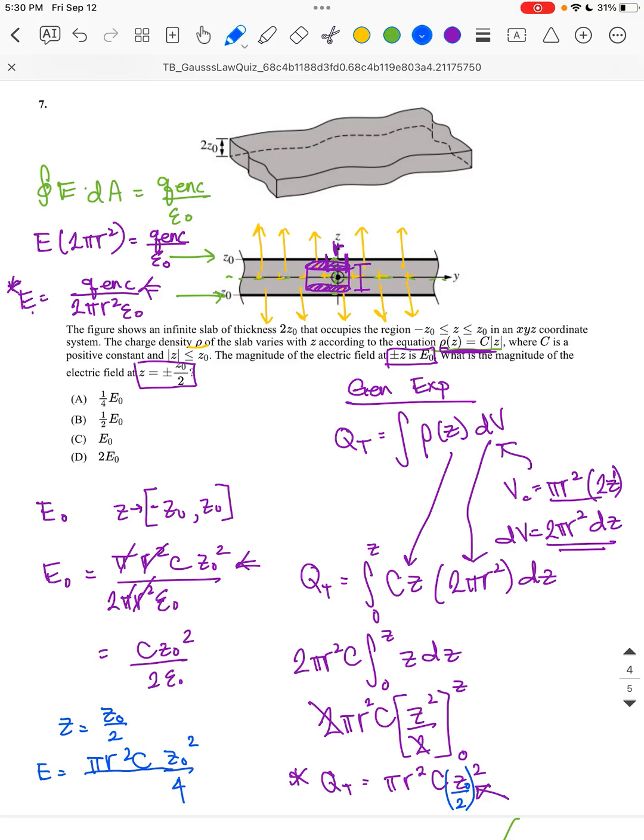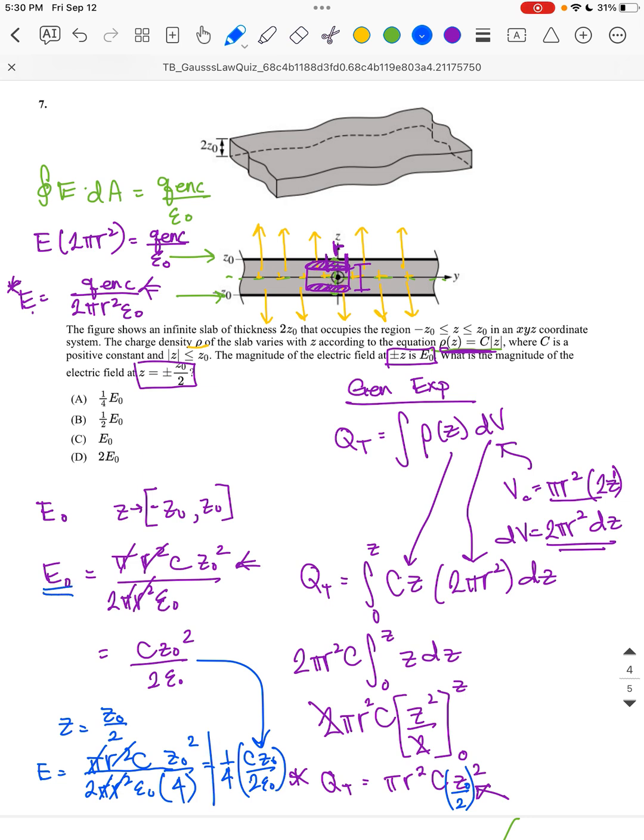And then in the denominator, we still have 2 pi r squared epsilon naught times 4. And you can see, again, a lot of things reduce, but you can see that we end up with a quarter of this original expression. C z naught squared over 2 epsilon naught was my original E naught.